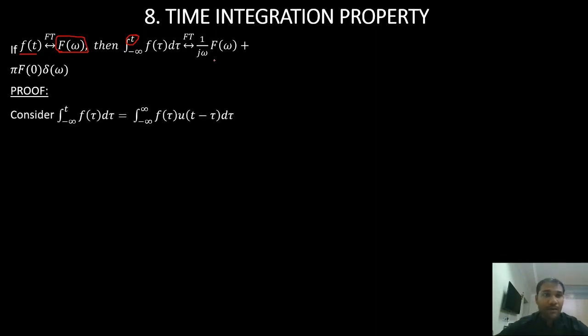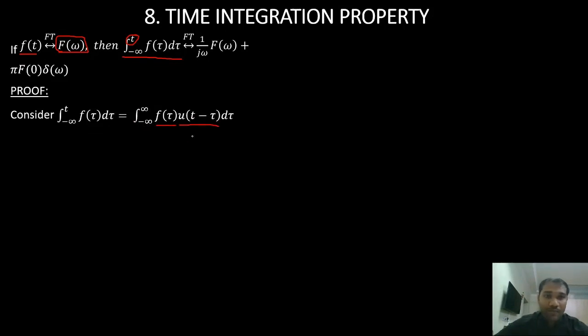Now, this time domain signal, how can we write it? That is what we will first look at. My integral from minus infinity to t of f of tau d tau can be written as multiplication of two signals, right? Integral from minus infinity to infinity of f of tau into u of t minus tau.